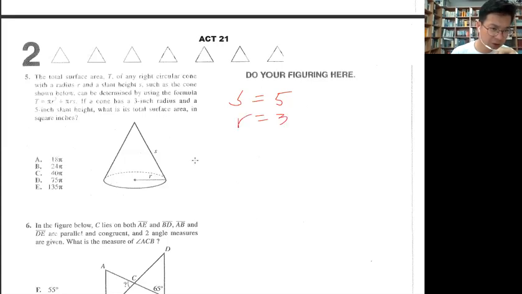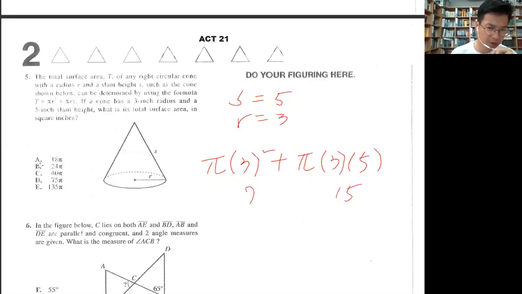Okay, so the area is pi R squared plus pi R S. 9 plus 15, which is 24.